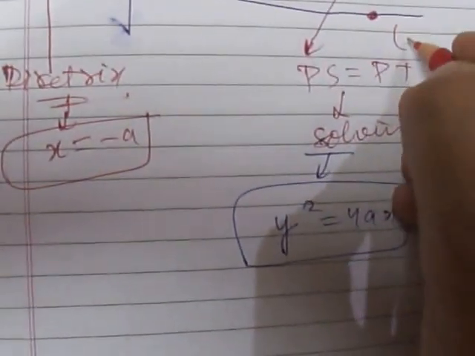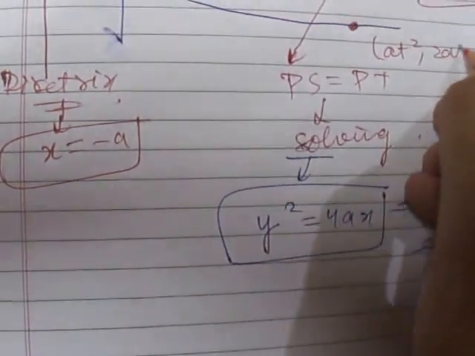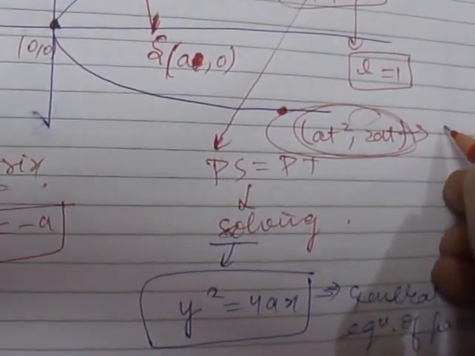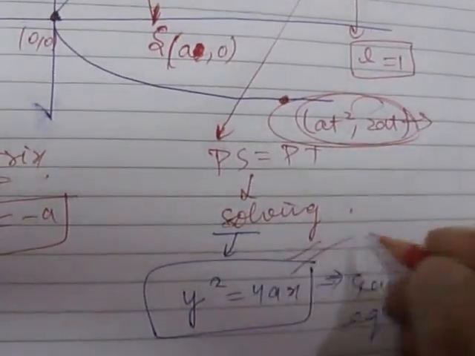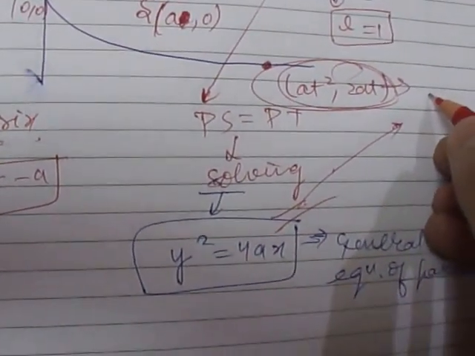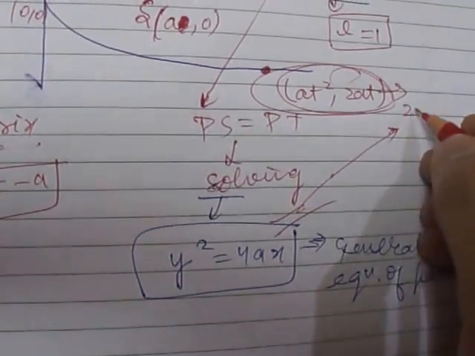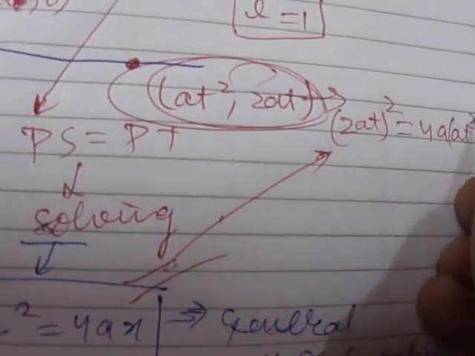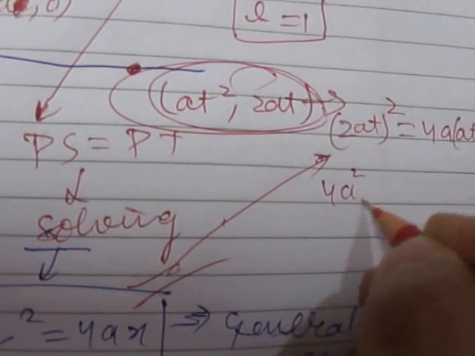Now the general point taken on the parabola is at square comma 2at. We can show this point satisfies the equation: y square equals 2at whole square, which equals 4a square t square, equal to 4a times at square, which is 4a square t square.